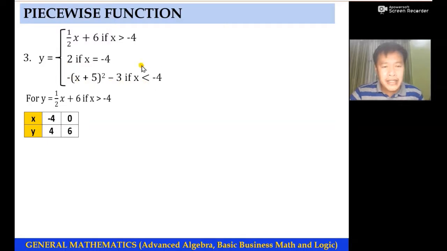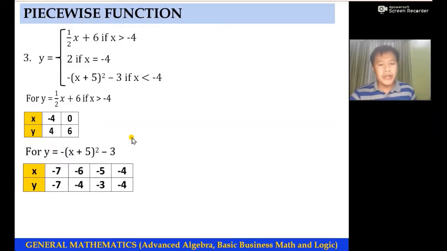Now, take note, this is a quadratic function. This means that it is a curve and our domain is limited to x is less than negative 4. We need 4 points. Therefore, this is our table. We are going to have the less than here. It means that the values of x will be arranged from negative 4 going to negative infinity.